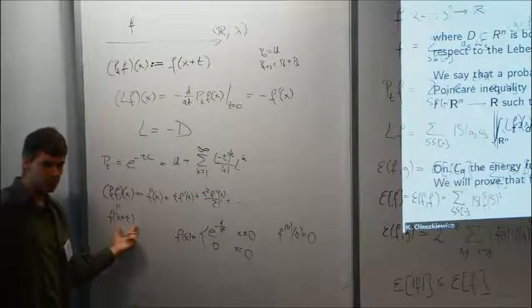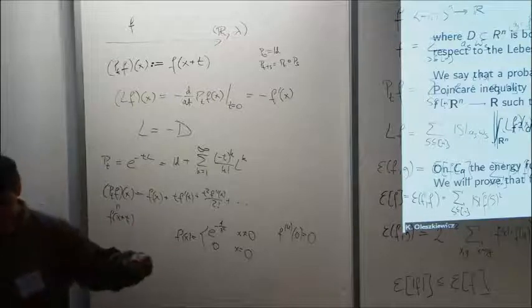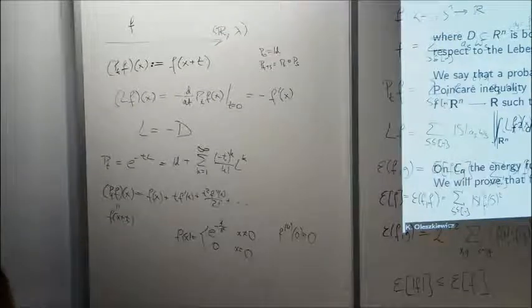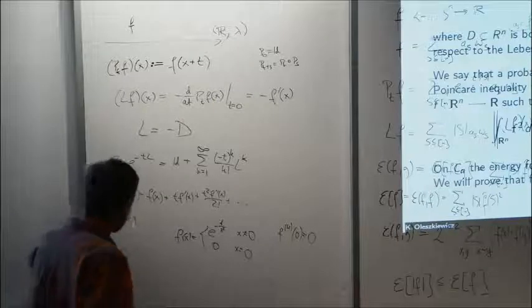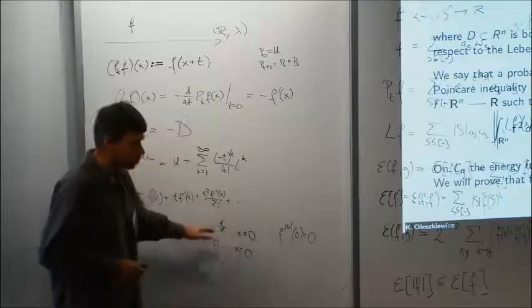This is an example of a smooth function that has a Taylor series, and it converges, just because all coefficients are 0, but it's not equal to its Taylor series. In other words, it's not analytic. And of course, there is nothing very special about this function. Most smooth functions are not analytic.